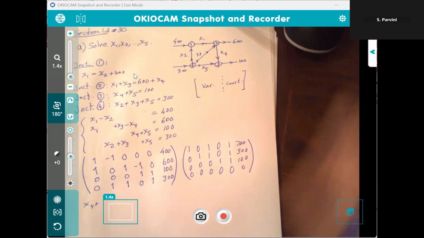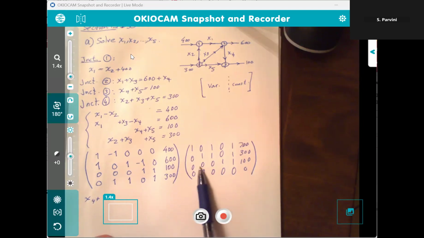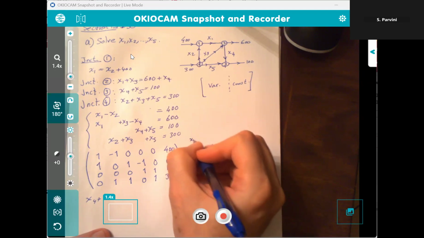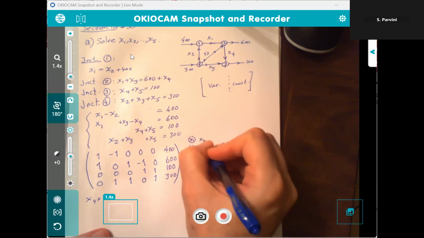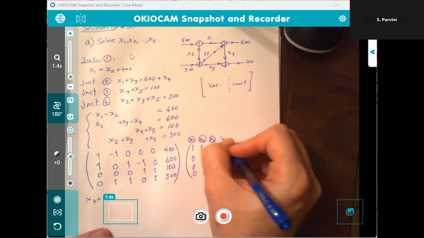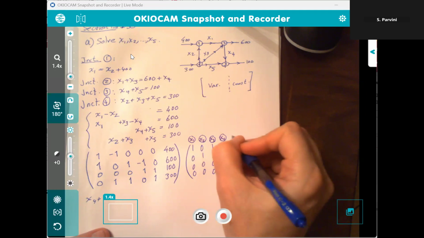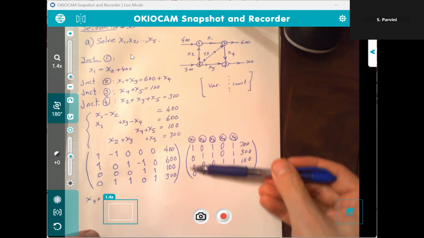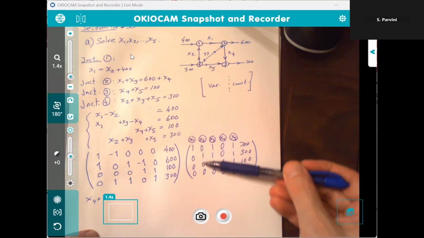Looking at the third row. Remember, for the columns, if it helps you, you're welcome to label them x sub 1, x sub 2, x sub 3, x sub 4, x sub 5. You don't have to. These are the coefficients in that column.